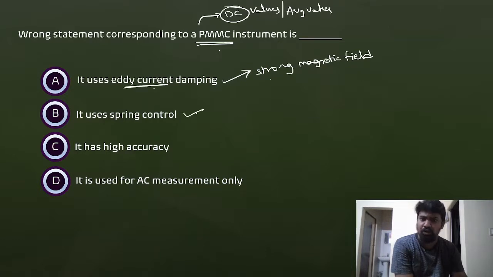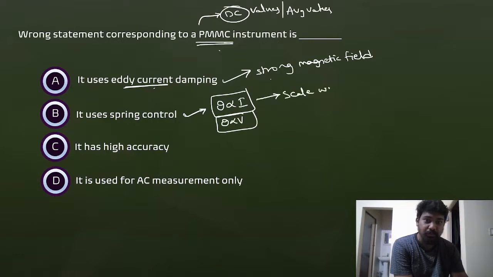It uses spring control, right? Obviously correct. That is why for a PMMC ammeter or PMMC voltmeter, the scale will be linear. Here for one question I am covering around 5 to 6 points. Please do remember this also. And it has high accuracy.